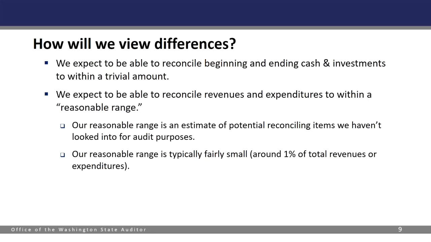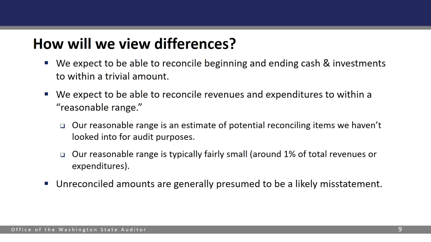Now, ideally, this should be much less. And every local government should work towards reconciling that activity down to a trivial amount, just as they're doing with beginning and ending cash. For these final unreconciled amounts that we can't determine what they were, support isn't there to determine that they were allowable differences. They're generally presumed to be a likely misstatement.